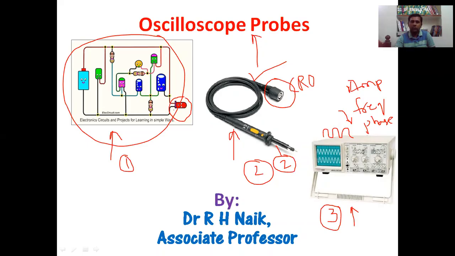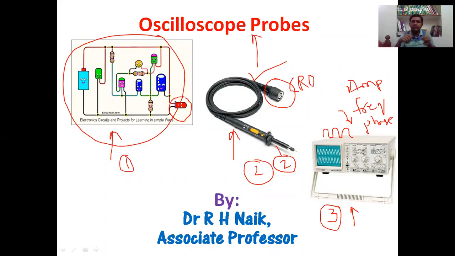So now the circuit output is carried by this electronic cable, or you can say it is an oscilloscope probe, and then it is connected to the CRO. Now it is acting as a medium between your circuit and CRO device.